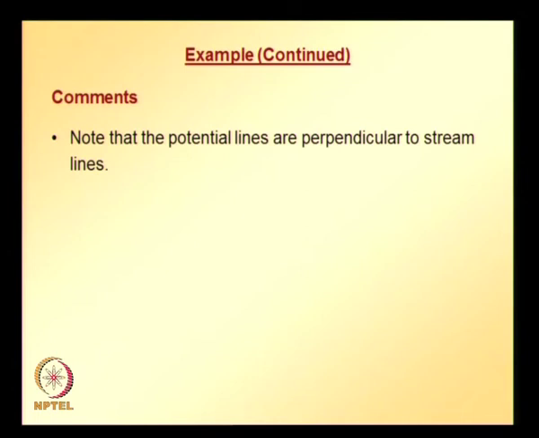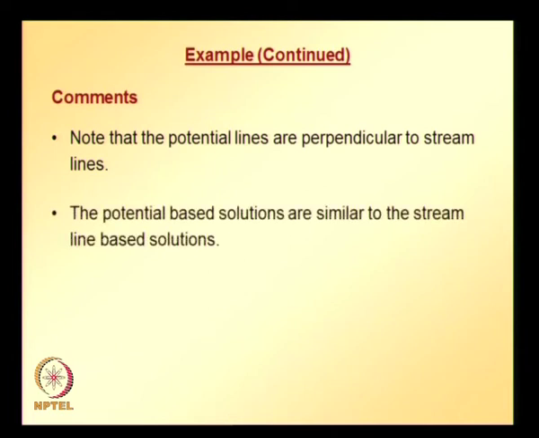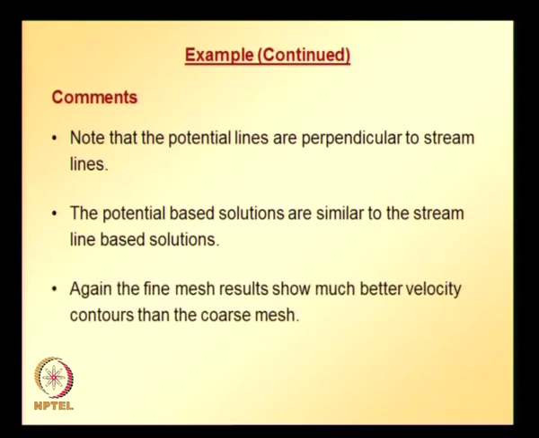The potential lines are perpendicular to the streamlines. The streamlines are the lines that we obtained using the previous formulation, stream function formulation, and the potential lines are the lines that we just obtained using potential. Potential based solutions are similar to the streamline based solutions.